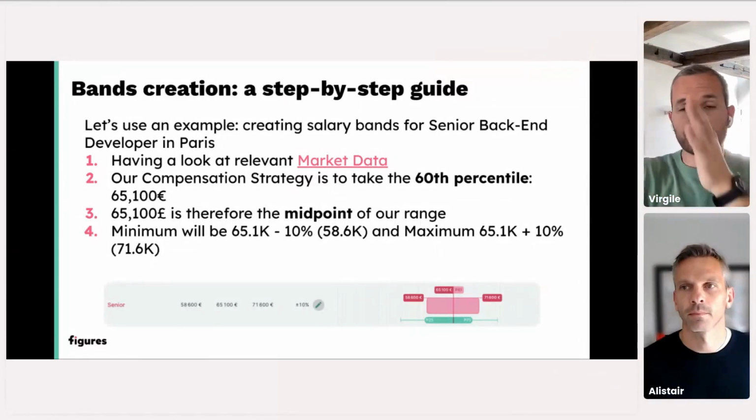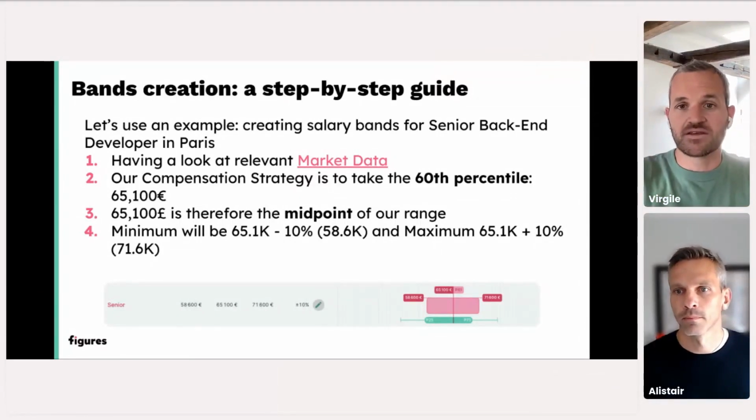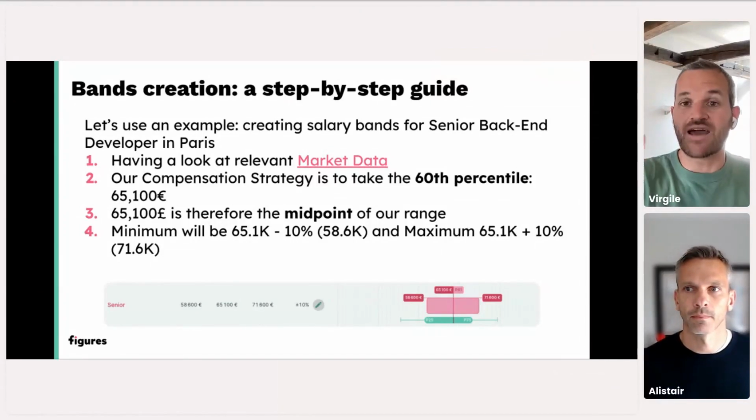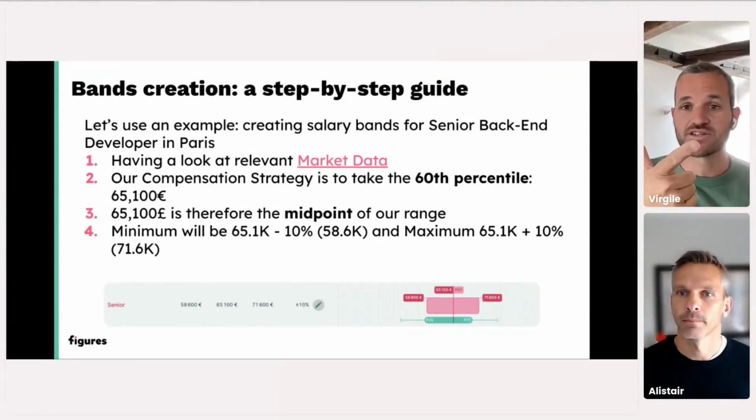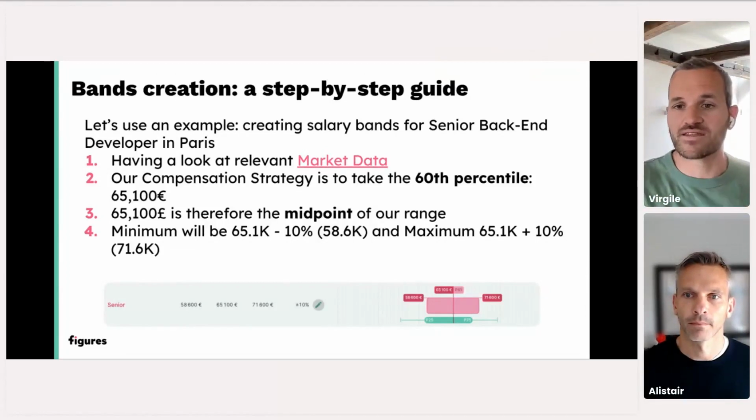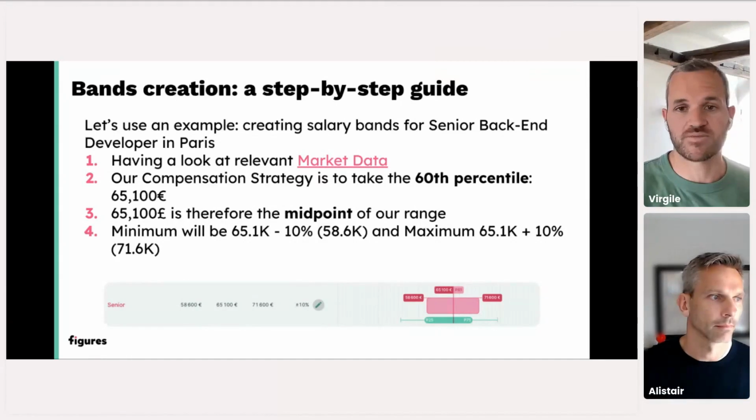And then you say plus 10%, minus 10%. I have a salary range. My salary range has been created. I've created my salary range for senior backend developer in Paris. I looked at market data. I used my compensation strategy that said I want to pick the 60th percentile, and then I have a min, and then I have a max, that enables me to create my salary range.